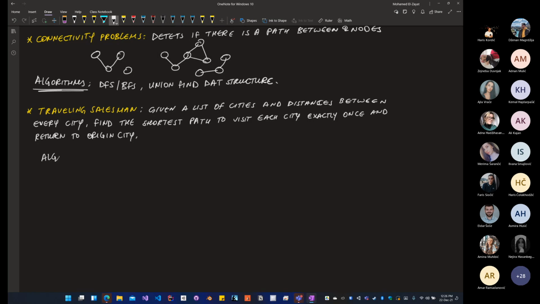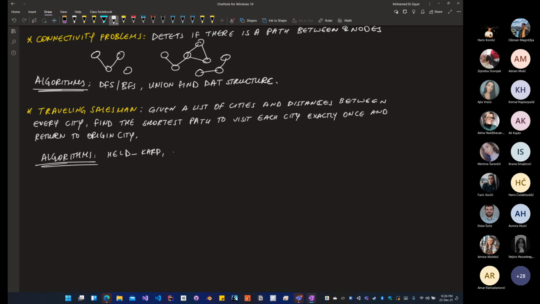Algorithms used: you have two persons, Held and Karp, who published a paper on that.